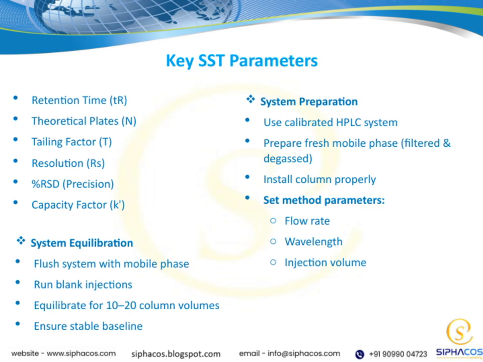The percent RSD, or relative standard deviation, assesses precision. Lower values mean more reproducible results. Lastly, the capacity factor, k', provides insight into how well a compound is retained relative to the mobile phase, helping us optimize separation conditions overall.